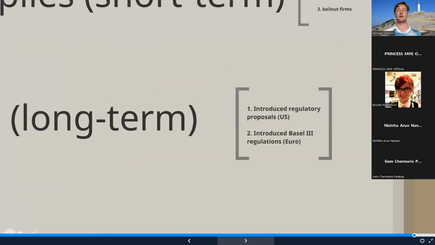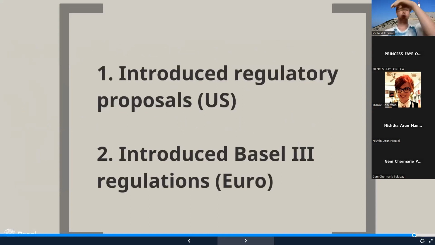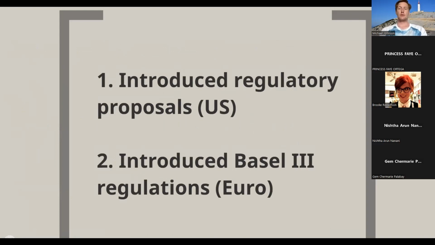And then increased regulations long term: increased regulatory proposals in the US, increased Basel III regulations in the Eurozone. So they increased regulations on banks. The US government and Eurozone increased regulations on banks, ensuring that lending had to be to people that could afford the mortgage.